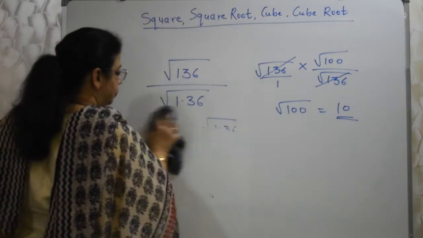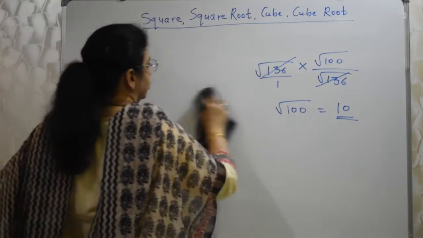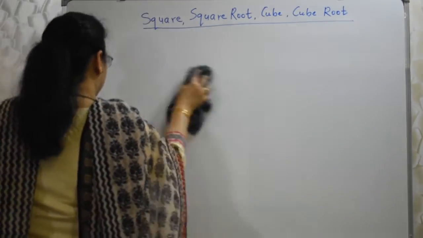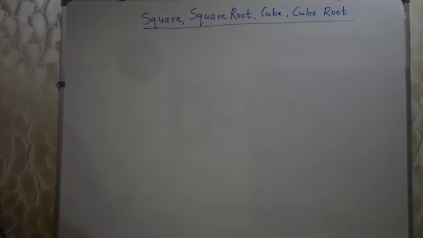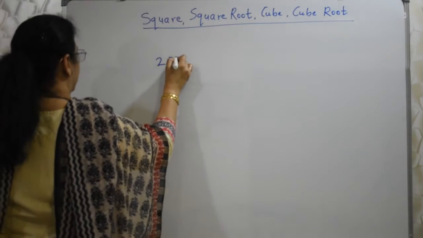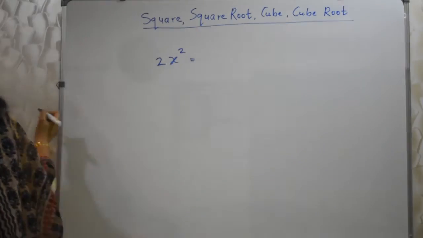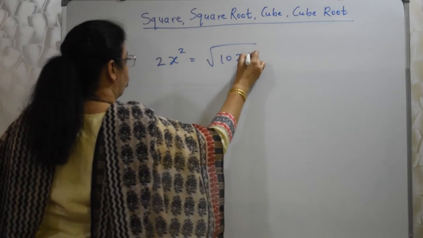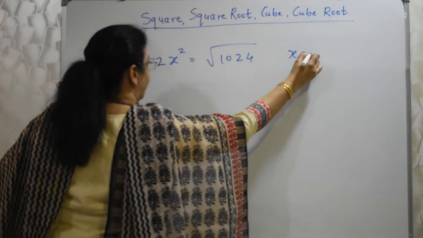Second sum. If 2x square is equal to root 1024, then what is the value of x?